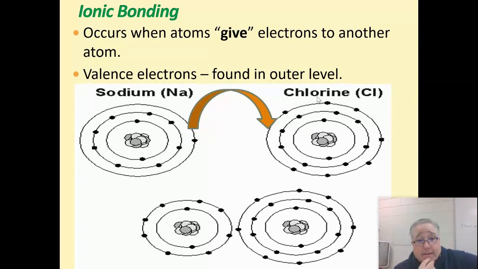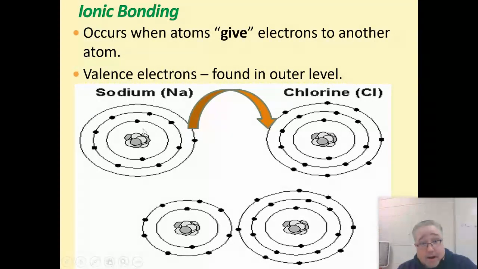So I want us just to think about sodium. Sodium is atomic number 11, so there are 11 protons in that nucleus. There's also 11 electrons. Now I want you to remember what I said earlier. Those electrons are arranged in a certain way, right? Remember those orbitals?